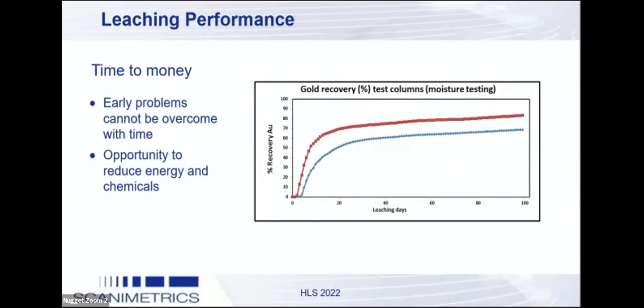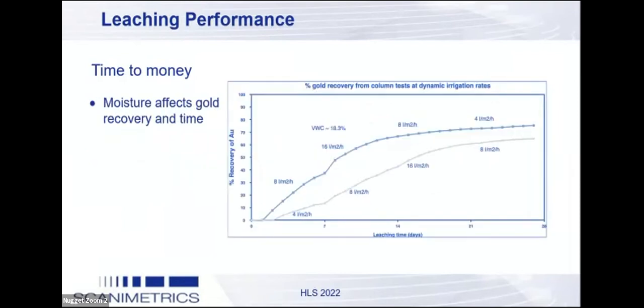Obviously, the longer in time you stretch out your leaching process, the more energy you're consuming running your process, and the more chemicals you consume. So you've got your operating costs increase. So time is money in heap leaching. Moisture affects gold recovery in time. So again, we did some experiments where we varied the volume.